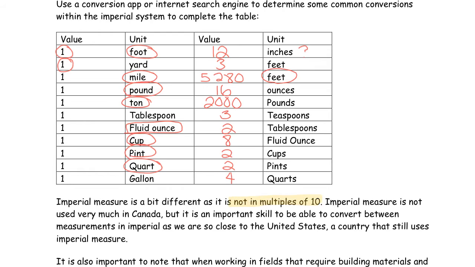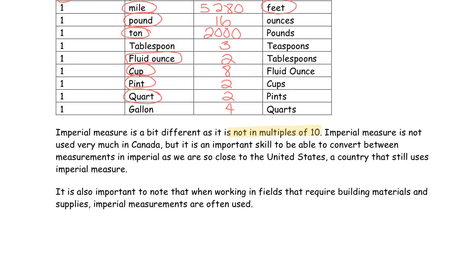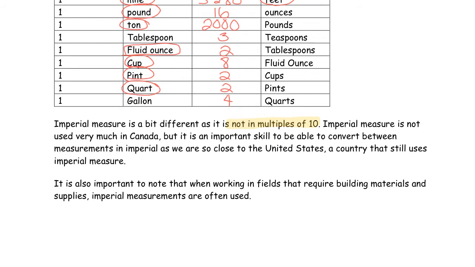And because we're also right beside the United States, it's important to know what these measures mean. So for example, gasoline is sold by the gallon. I've already mentioned this, but it is important to note again that when we're working in the field of building materials and supplies, imperial measurements are often used.